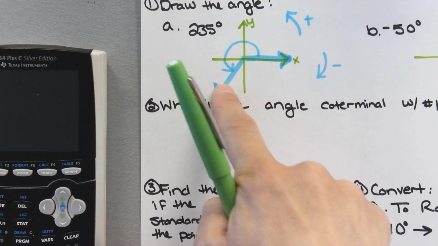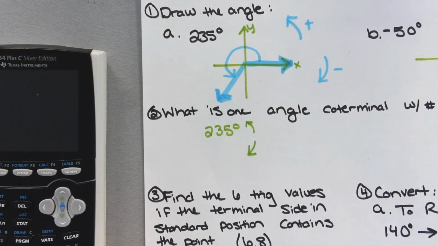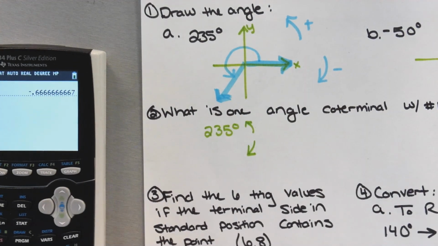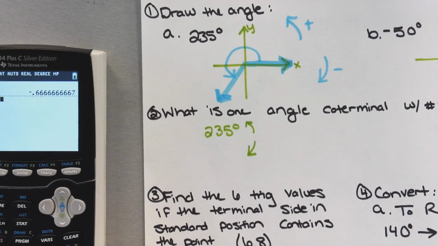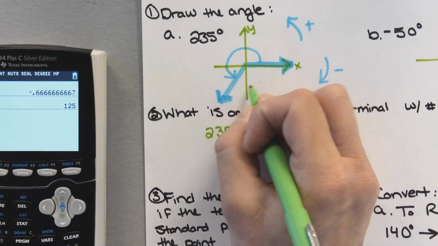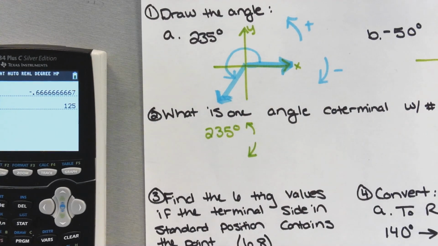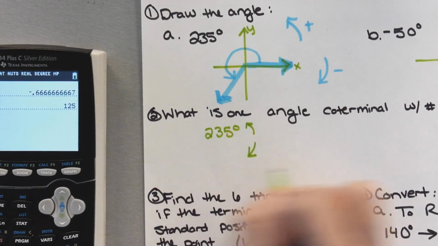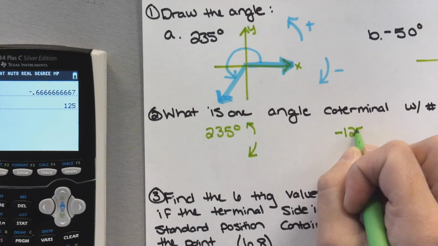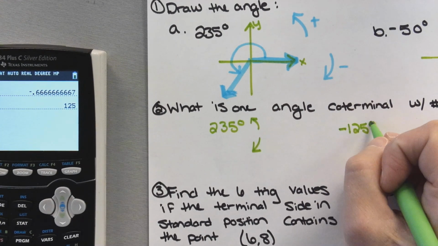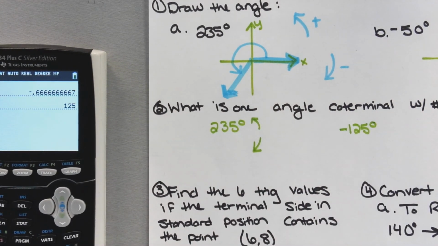Let's figure out what this would be, right? We have the picture of it. So this would be 360 minus 235. So that tells me this angle is 125. Do we agree? But because we went the other direction, we're going to say negative 125. So it has to be negative because you went the other way.